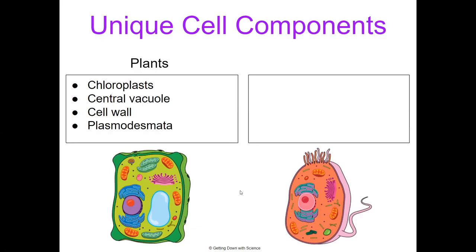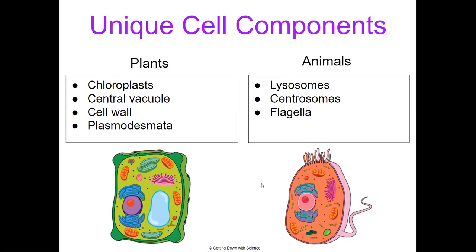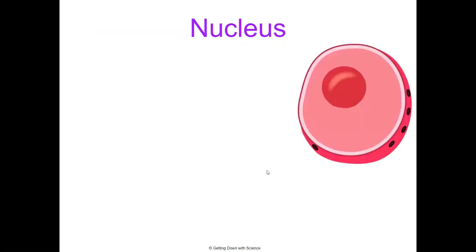And they have what we call plasmodesmata as well, something unique to plants but not found in animals. Animals have lysosomes and centrosomes, or centrioles as you'll sometimes hear it referred to, which is involved in cell mitosis. You will often find flagella and cilia on animal cells, and you don't typically find flagella on plant cells.